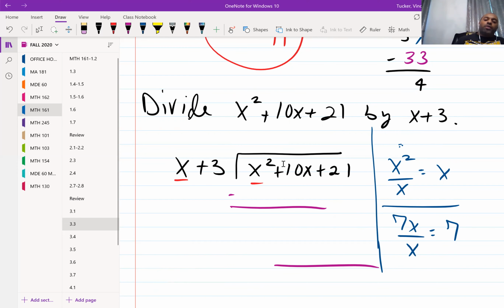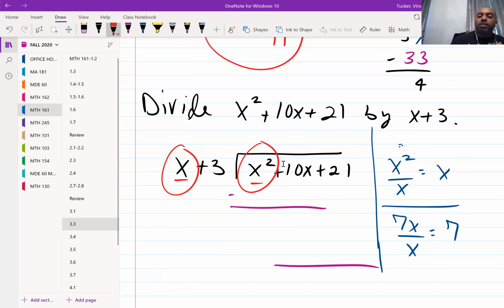All right. So now you're going to compare the first terms in each. So you're asking yourself what times x will give me x squared, or what you could do is what we did right here, x squared divided by x gives me x. So whichever way you want to process it, that's how you will take care of it.